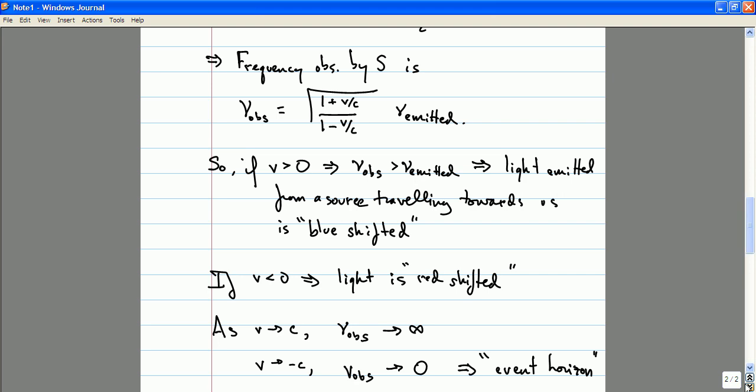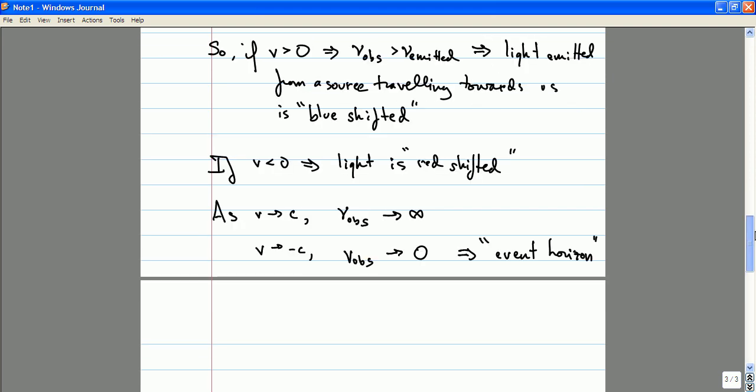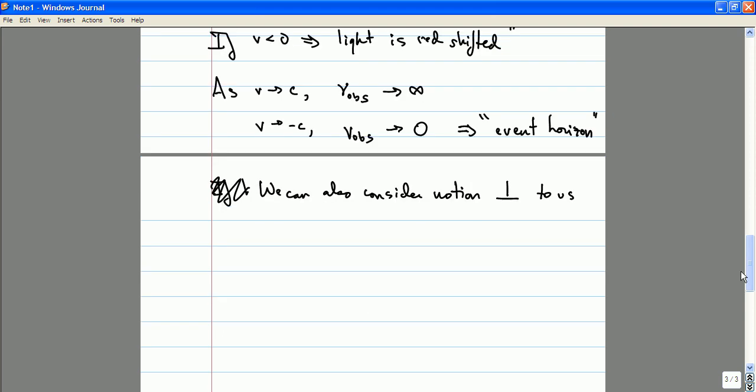So far I have considered motion parallel to the direction of the radiation, or in other words, sources which are moving either directly towards me or directly away from me. We can also consider motion perpendicular to us. So, for example, this is me.